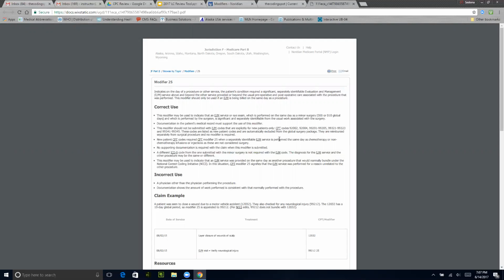It's broken up into different jurisdictions, with Alaska, Arizona, Idaho, Montana, North Dakota, Oregon, South Dakota, Utah, Washington, and Wyoming being in one jurisdiction, right? And then there's another jurisdiction with other states. So for Arizona, our jurisdiction is jurisdiction F, and that is Noridian.